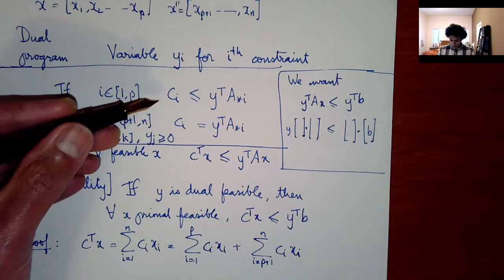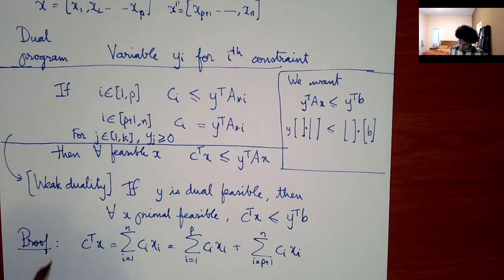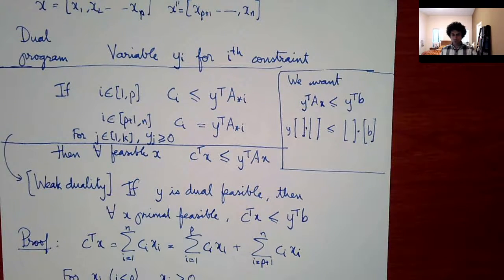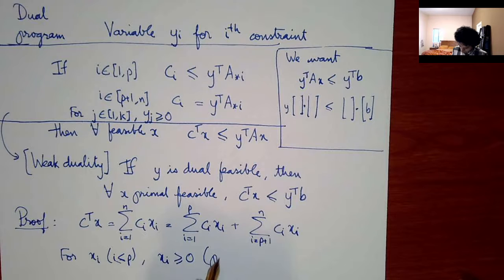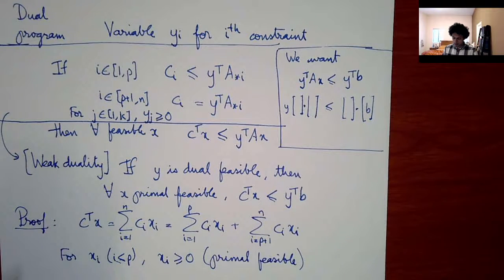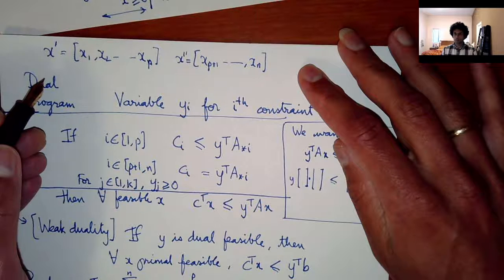Now remember, we know that for Xi, I less than or equal to p, Xi is greater than or equal to 0. This is basically because this is primal feasible. I mean, that's precisely what we defined P to be. We defined P to be the non-negative part.